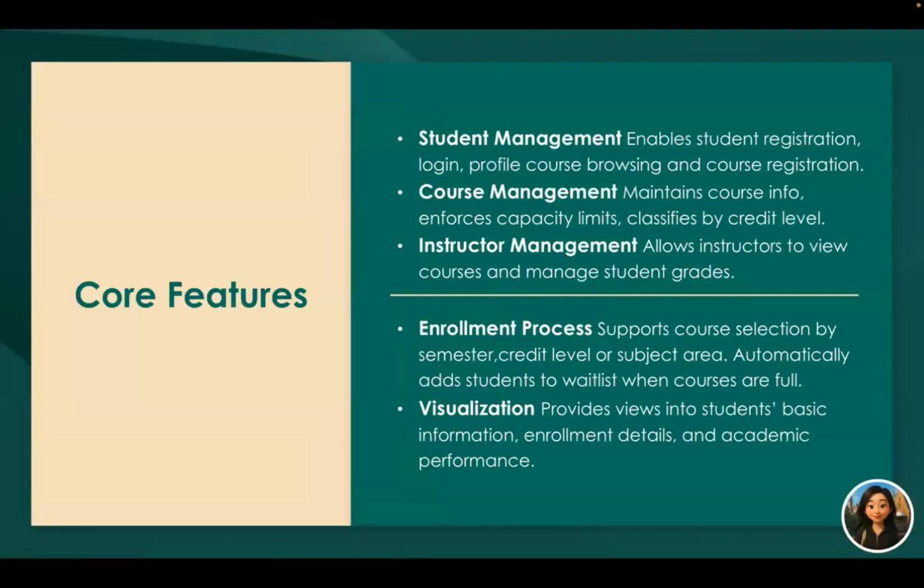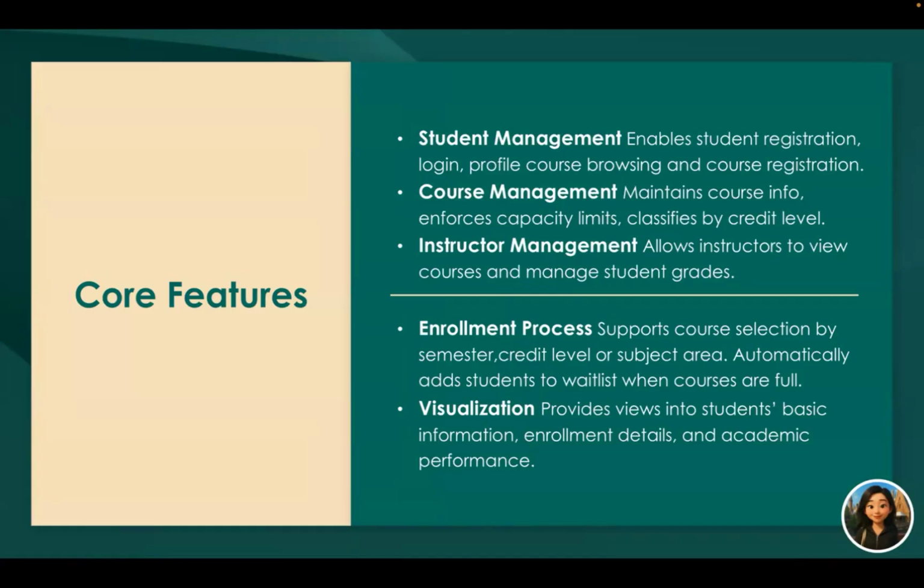This system is designed to support the entire course enrollment process at an academic institution. There are two types of users, students and instructors. For students, we have a student management module. It enables them to register an account, log in, update personal profiles, browse the list of available courses, and register courses.